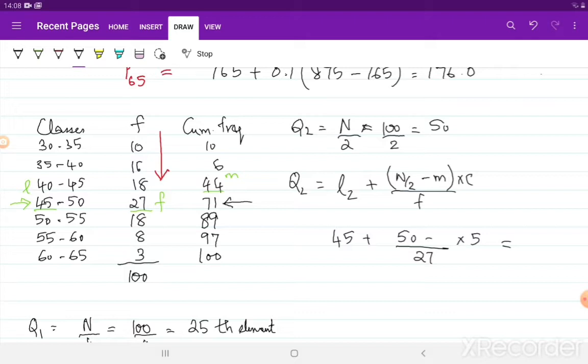It is 50 minus 44, since M is 44. That's 6 by 27 into 5, which is 10 by 9. You will get the value as 46.11. So that's your median value Q2.